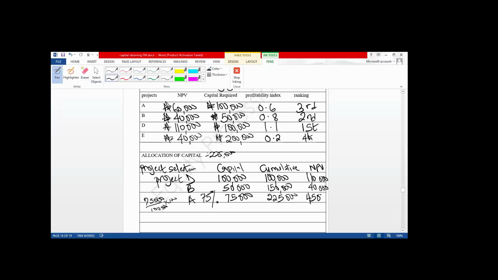Now sum up your NPV. 110 plus 50 plus 40, 150. 150 plus 45, 195.